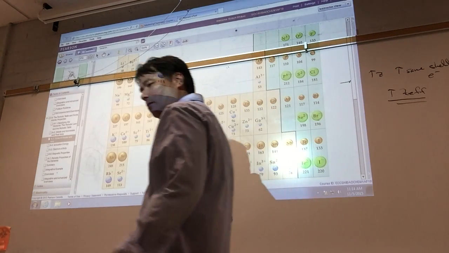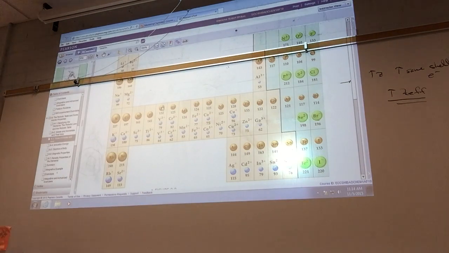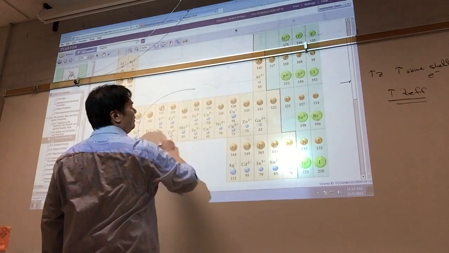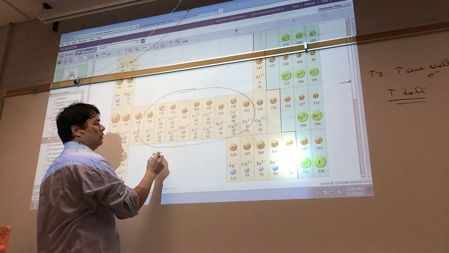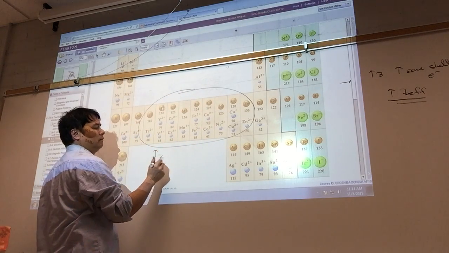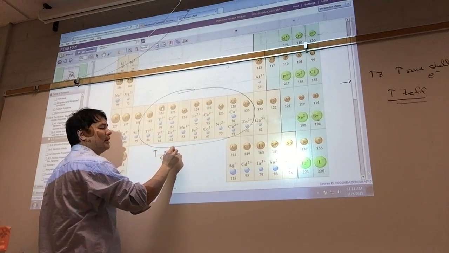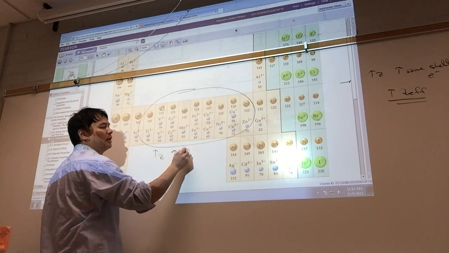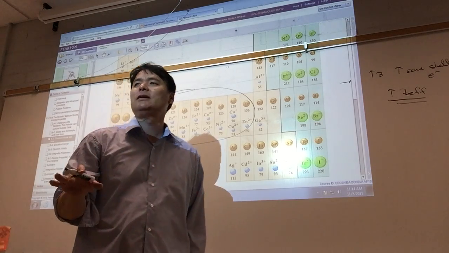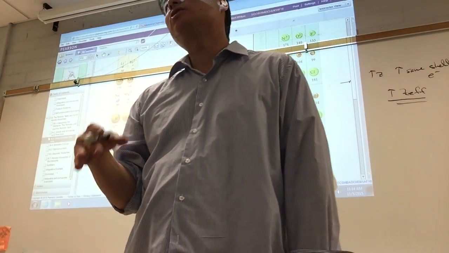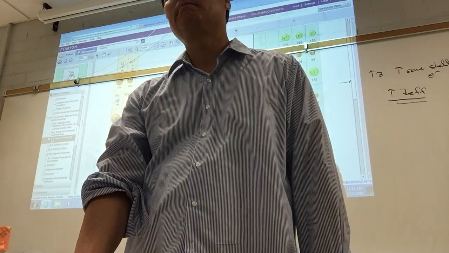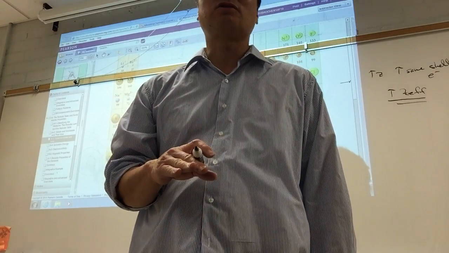And so what I forgot to mention is this. For the transition metals, what you see here is that we're increasing Z, but we're adding to the same shell, actually 3d. Is the 3d in the same shell as the 4s and the 4p? No, we call it an inner shell electron.